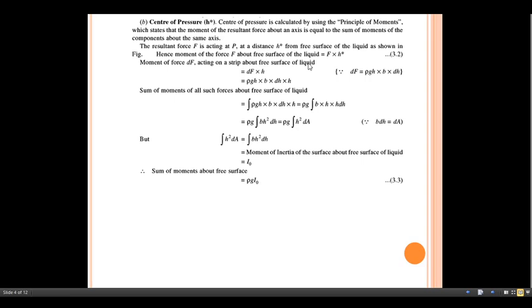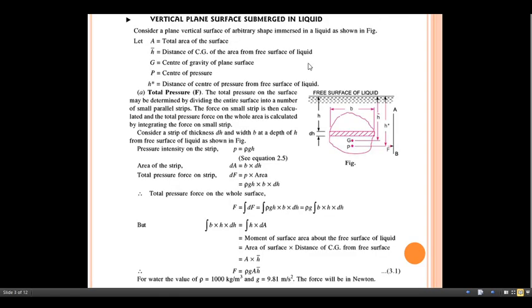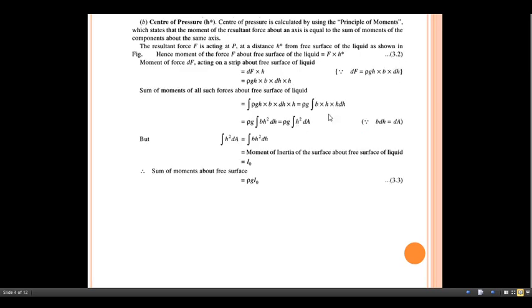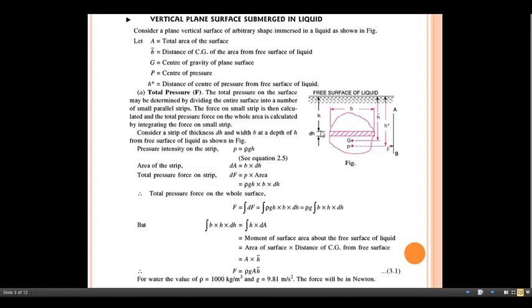In the same way, if I consider a small strip here, in the vertical direction, dF is the force acting on it. From the free surface, dF multiplied by h should come here.